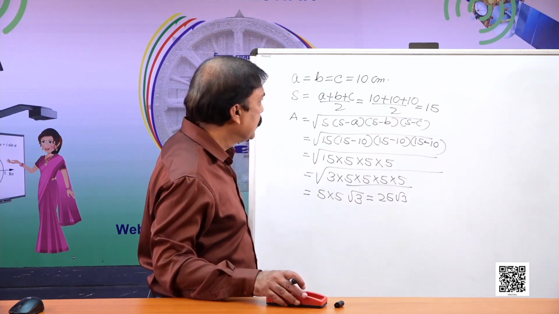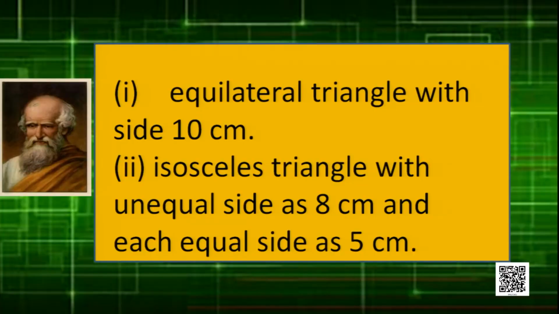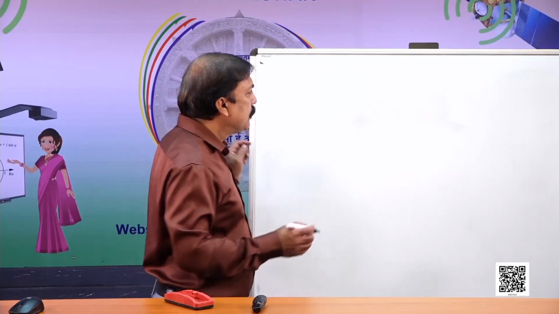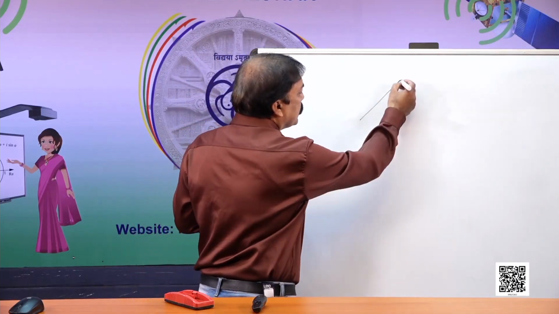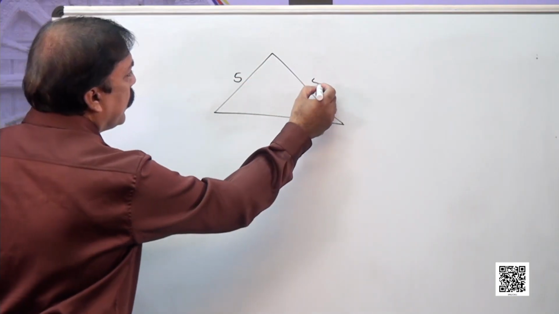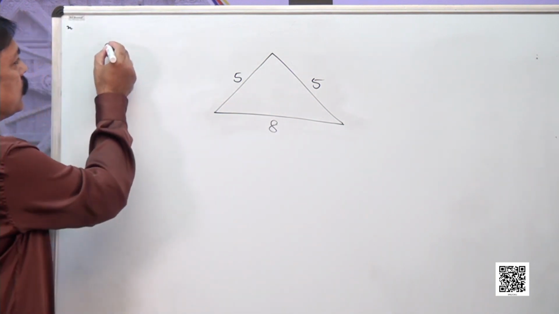Now what is in case of isosceles triangles, what we have taken already using the basic formula. As we discussed about the isosceles triangle, this is the isosceles triangle with 5 centimeter two sides and the third side is 8.